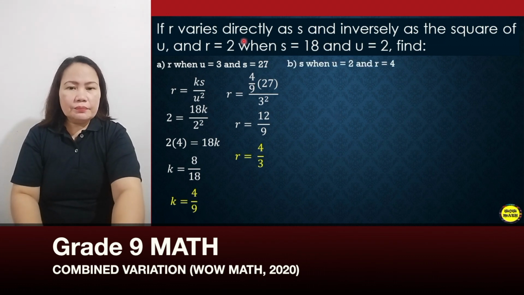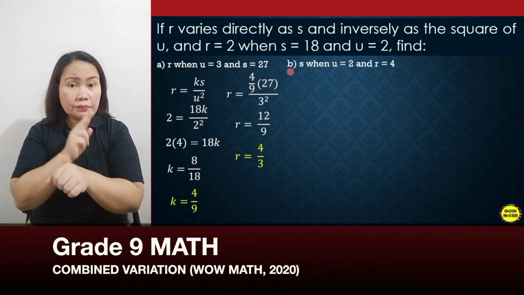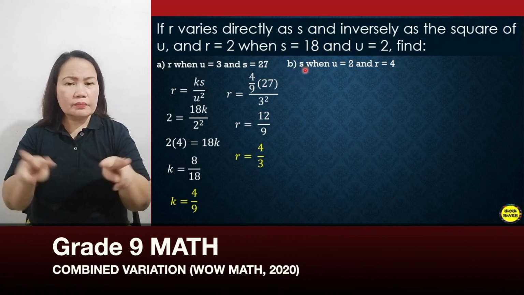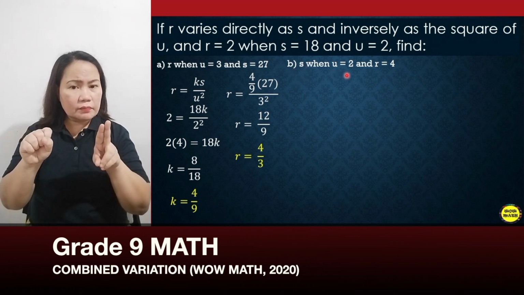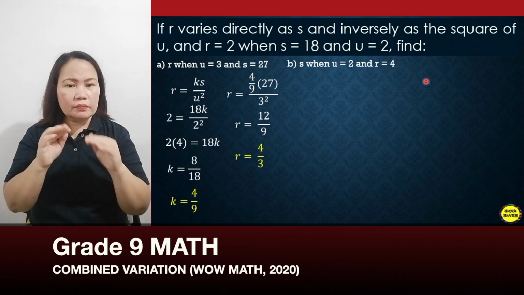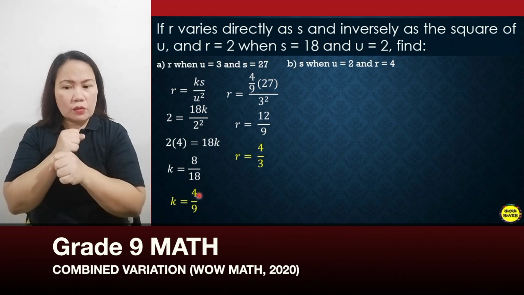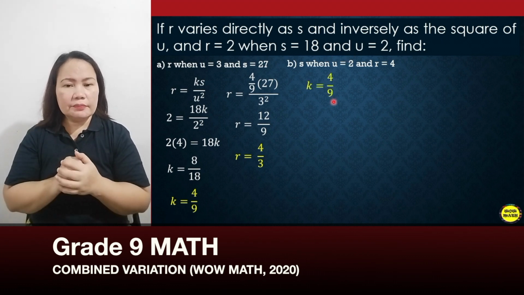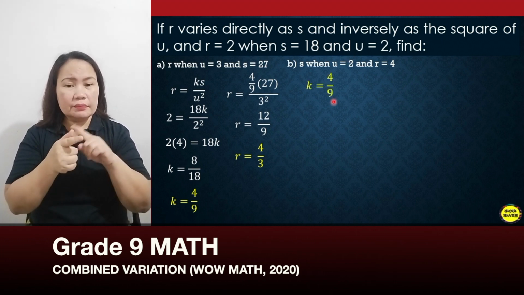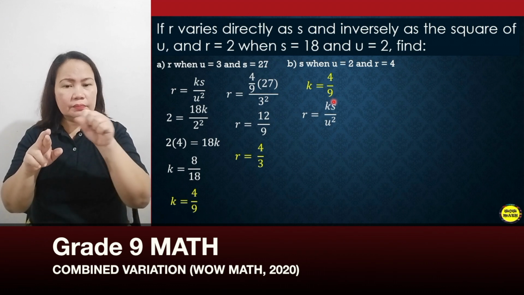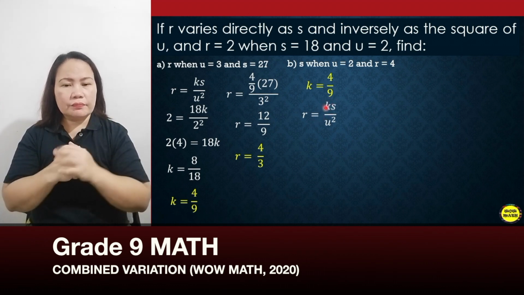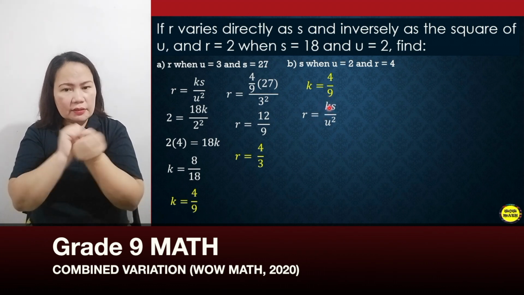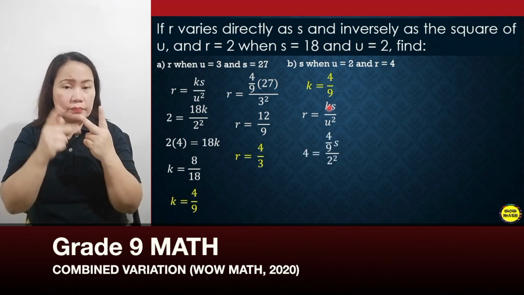Okay, gamit yung same problem, what will be the value of s kapag ang u naman natin ay 2 at yung r ay 4? So, since nakuha na natin yung constant of variation, so sa problem na to, yung constant is 4 over 9, and then the equation of variation is r is equal to k s over u squared. So, ito papalitan lang natin ng 4 over 9 over u squared.